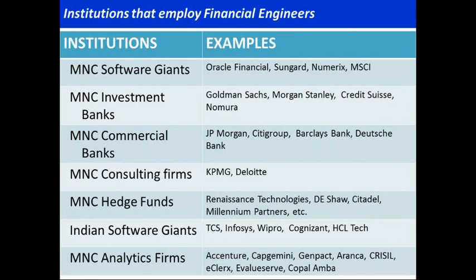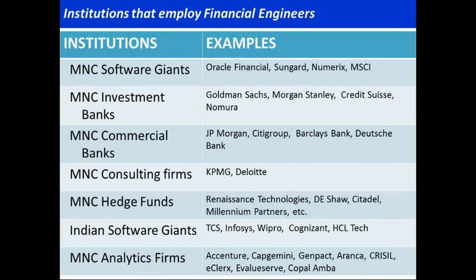Now, just to mention a list of institutions, or what kind of institutions that employ financial engineers. As I mentioned, it's not just the financial software, it's not just the banks and financial institutions. It's across all kinds of companies that employ financial engineers.